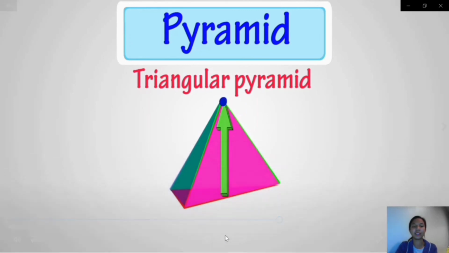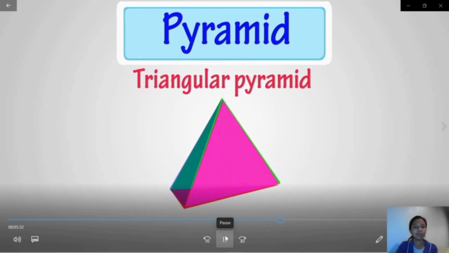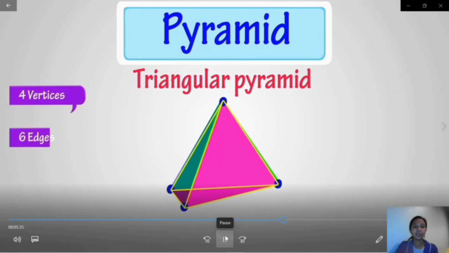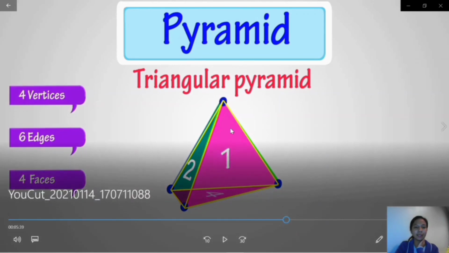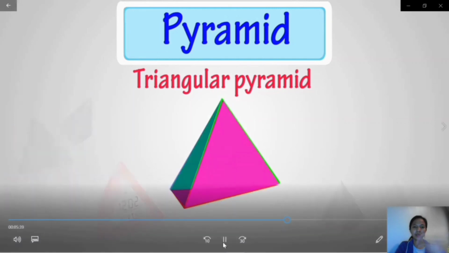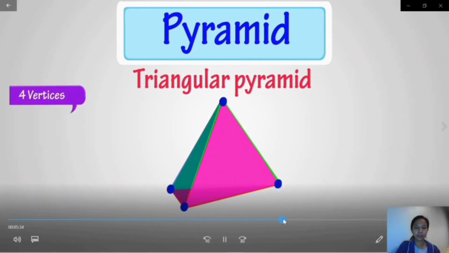So how many faces, edges, and vertices or apex? Alright, so it has 4 vertices. 1, 2, 3, 4. 6 edges. So 1, 2, 3, 4, 5, and then 6 edges. 4 faces. 1, 2, 3 in this part.